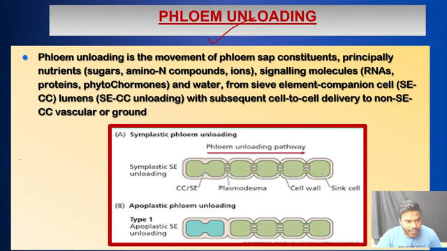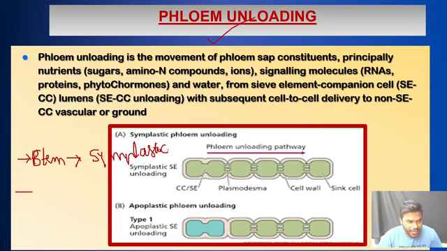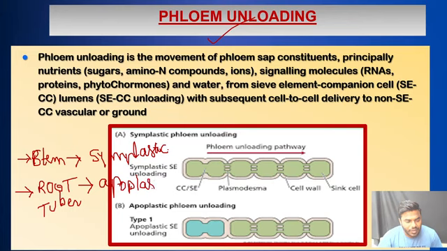If the sugars want to unload into the stem or the shoot, they will always use the symplastic pathway of unloading. Always. But if the sugars want to be unloaded into the rest of the plant body, the entire part of the plant body, whether it may be root or tuber, doesn't matter, it will always follow the apoplastic pathway. Friends, if you remember these 2 points, that's more than sufficient.